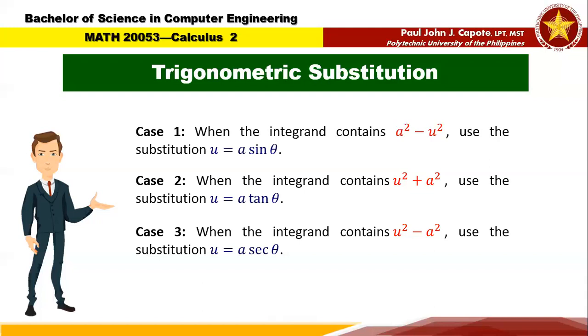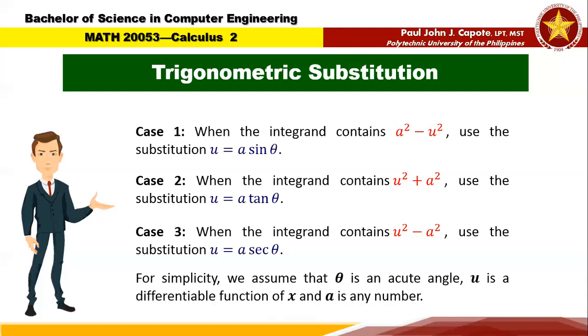And for case number three: when the integrand contains u squared minus a squared, use the substitution u equals a times secant theta. For simplicity, we assume that theta in this trigonometric substitution is an acute angle, u is a differentiable function of x, and a is any number.